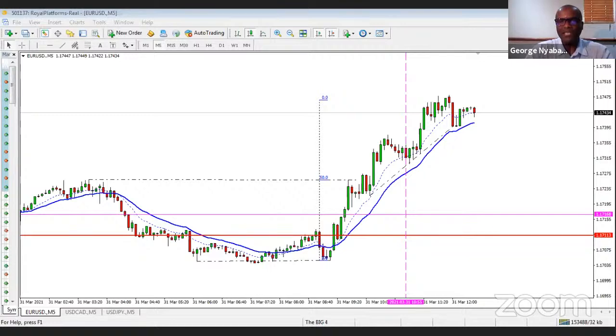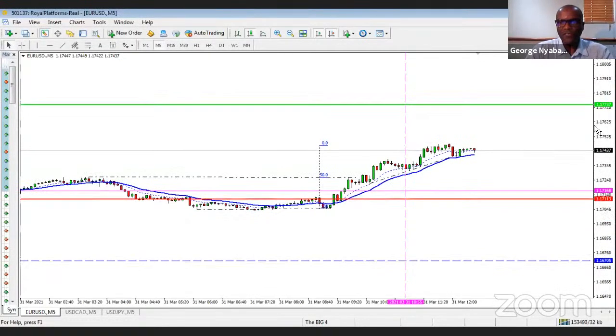But just in case you are watching this for the first time, I'm going to go through each of the 3 currency pairs: euro versus the dollar, USD CAD, and the dollar versus the yen. Those are the 3 currencies that I'm trading on the 5-minute time frame.